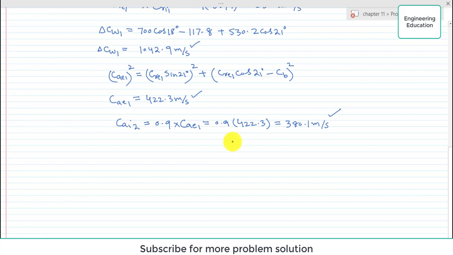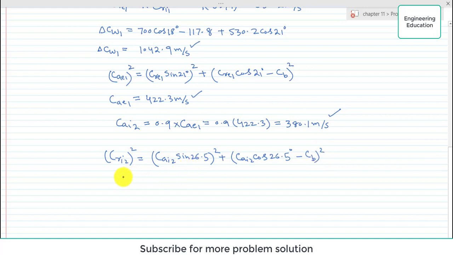Now further we can write again from the triangles CRI2 square equal to (CAI2 sine 26.5) whole square plus (CAI2 cos of 26.5 degree minus CB) whole square.